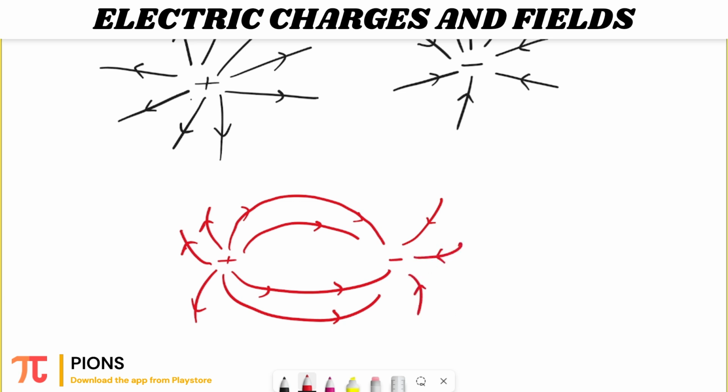This is the way we represent electric field lines for an electric dipole. Quite similar to a magnet, but not exact. That we will see in the magnetic field lines, because that is the differentiator. There will be something quite different in the case of a magnet.